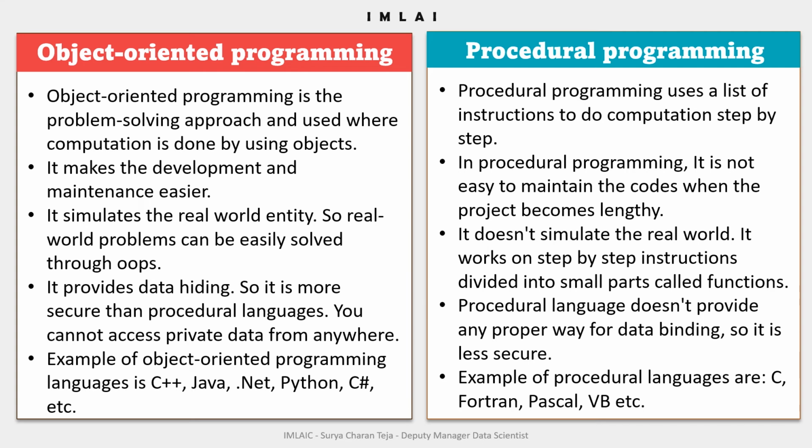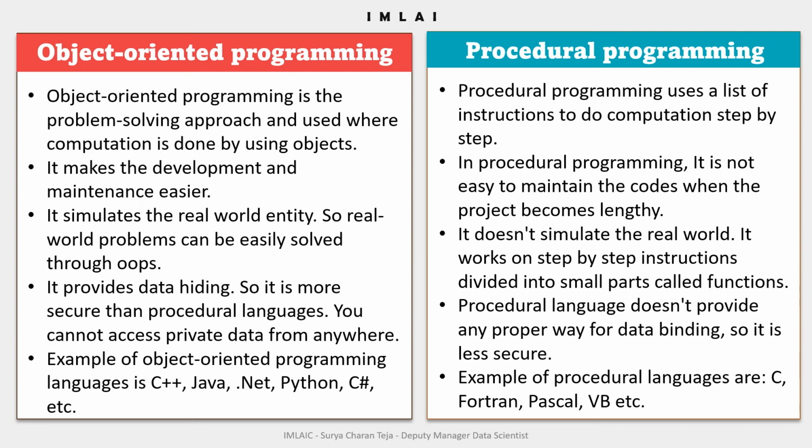So now, to understand the subtle differences between object oriented programming system and procedure oriented programming system, we have to code it. We have to take one example and code it in our Jupyter notebook.